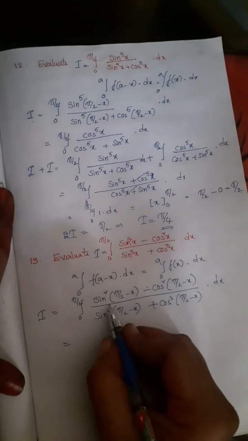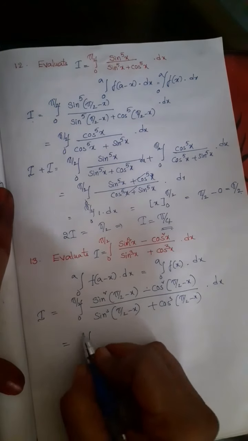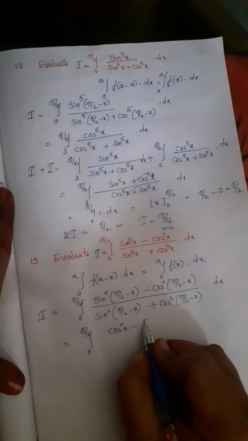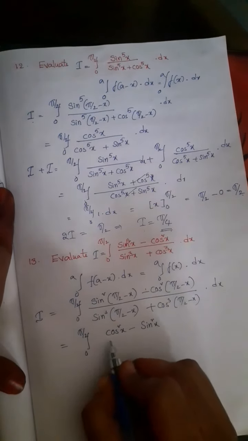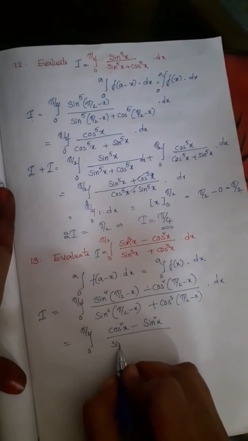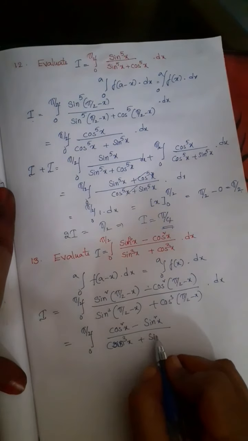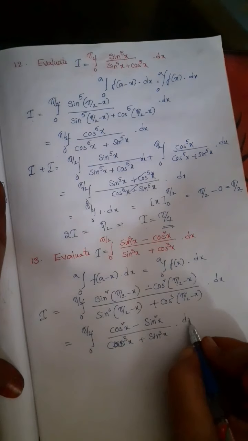Now this value is cos, right? Integral over 0 to pi by 2 cos square x minus sine square x by sine cube x plus cos cube x dx.